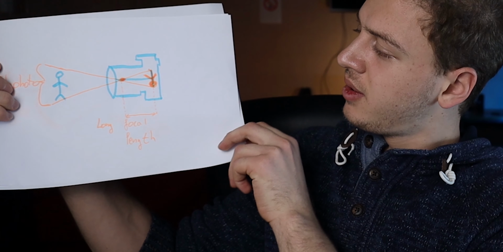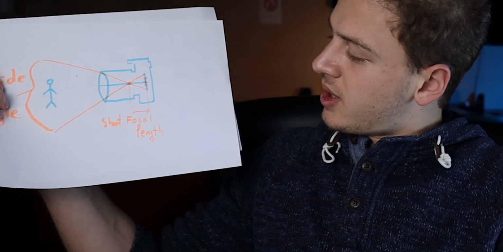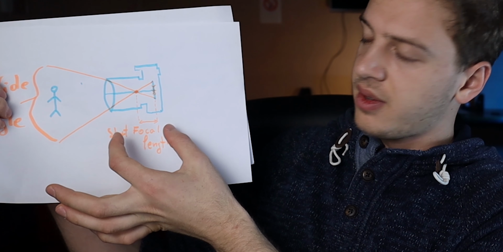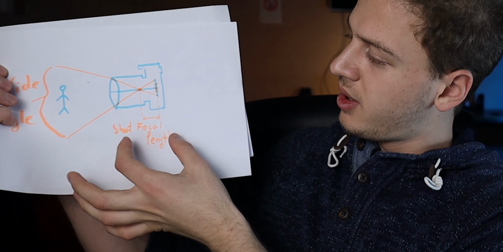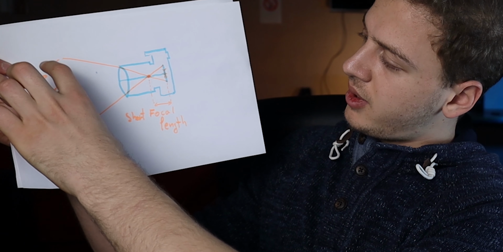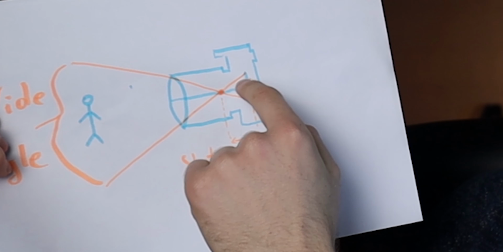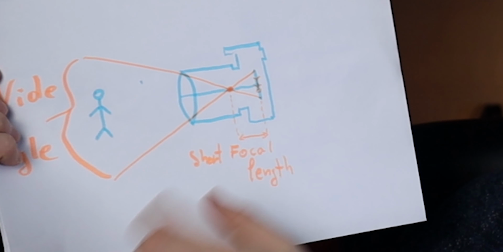And on the other hand, when the distance of these nodal points to the sensor is shorter, so when the focal length is shorter, then the angle of the light that comes from outside is wider, and the objects appear smaller in the sensor. These are called wide-angle lenses.